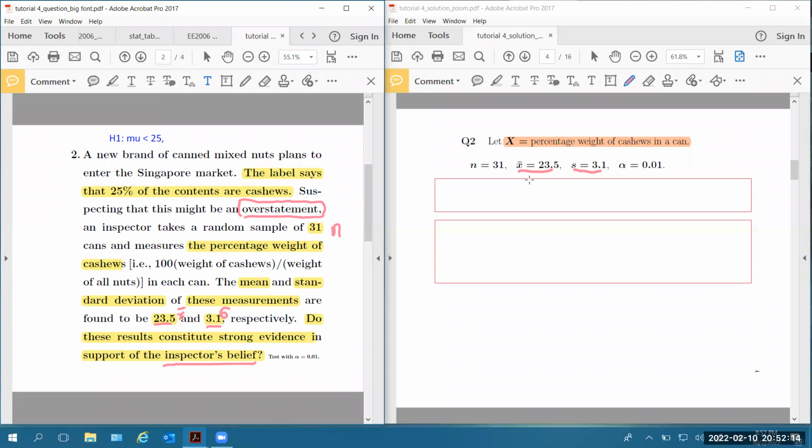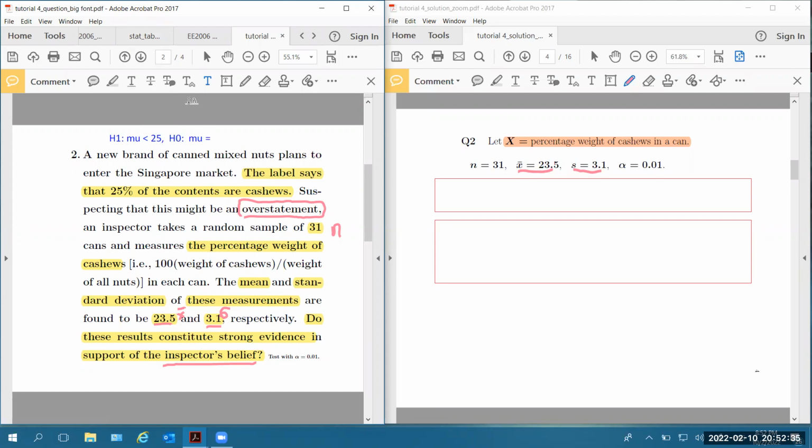And as we all know from the video, I always write down the H1 first, and then I go back to write down our H0. Maybe we should put the H0 in front rather than behind. The H0 here will also be on mu, and we always put the equal sign.